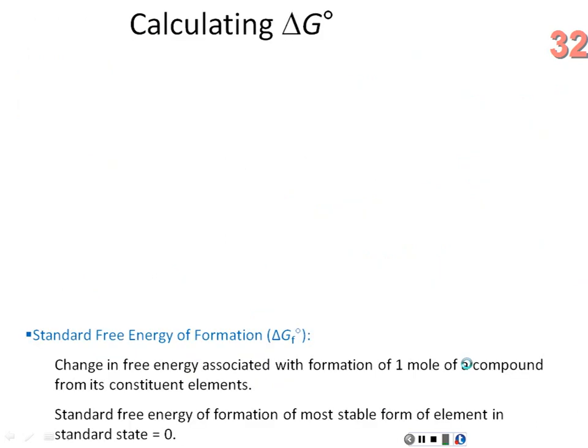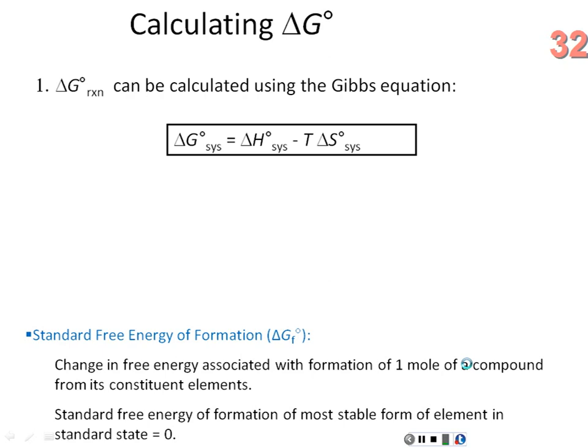Right. There are actually two ways of calculating delta G, the standard free energy of a reaction. So the first, we can calculate it using this equation that we have been talking about.